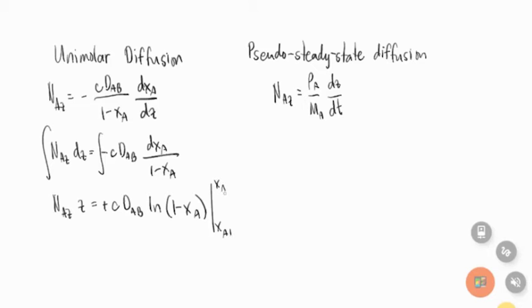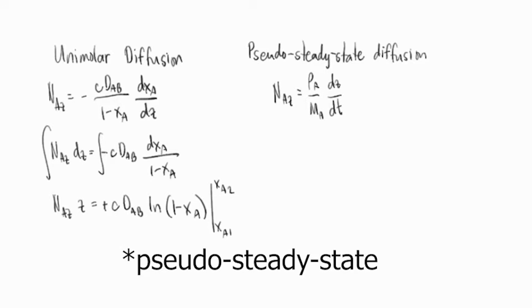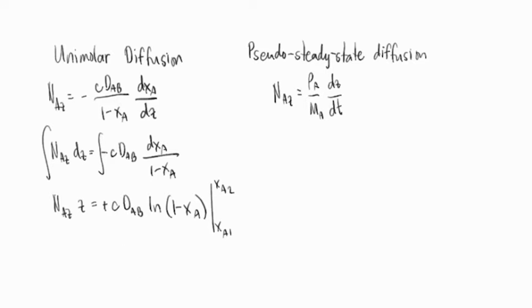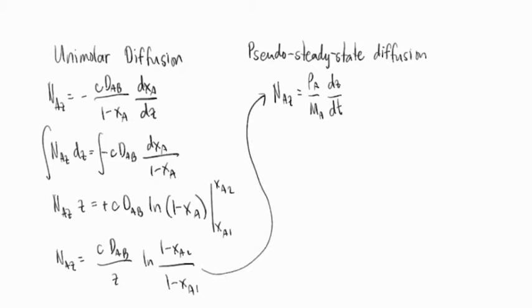We will not be substituting the limits for z yet because we will be using this equation in our pseudo-steady-state diffusion derivation. Substituting, we have N_Az is equal to positive C D_AB over z times ln of (1 minus x_A2) over (1 minus x_A1). This derived equation for unimolar diffusion can now be substituted into our pseudo-steady-state diffusion equation.